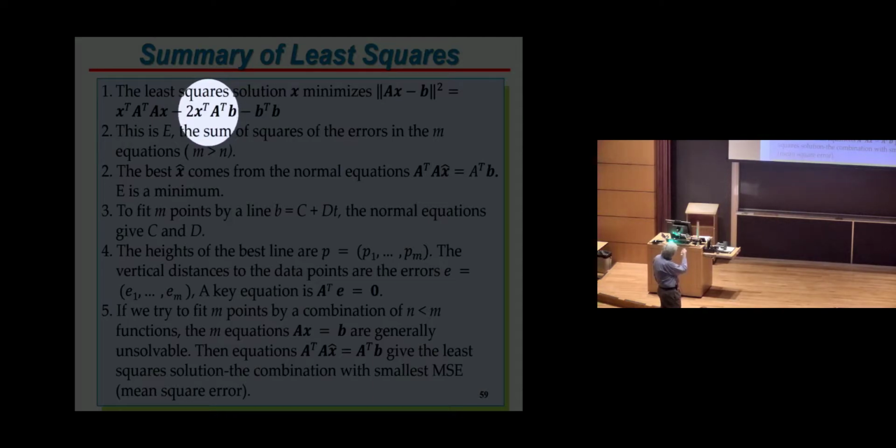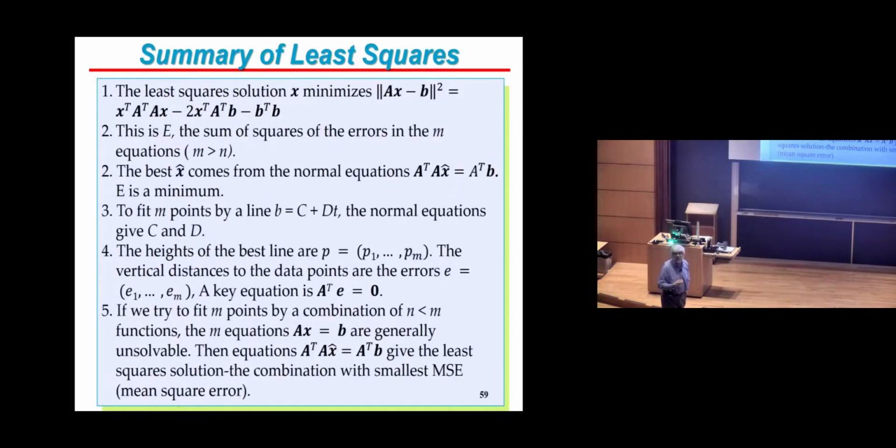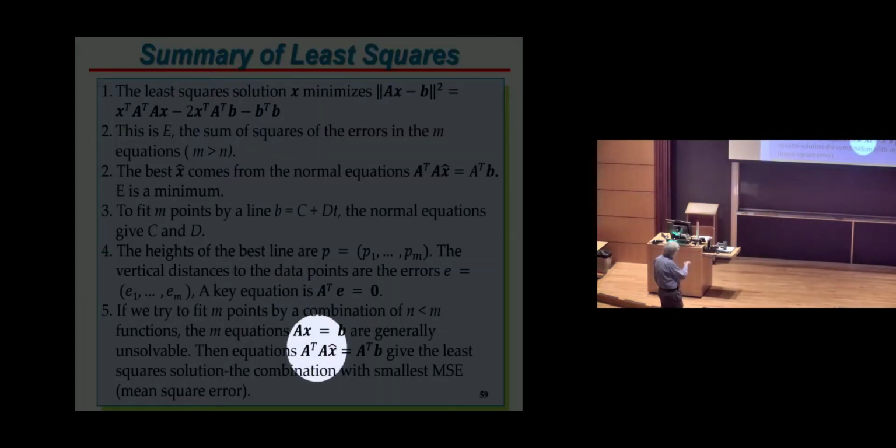And when you want to minimize, you set the derivative equal to 0. So the optimal solution will be A transpose A times x equal to A transpose b. Does that remind you of anything? What is the optimal solution we computed in the last lecture for x hat? Wasn't it actually this one here down there?